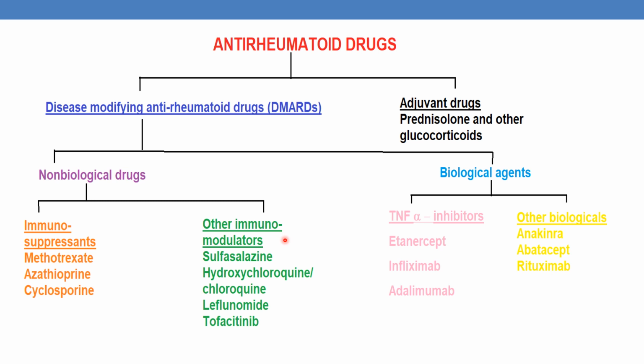Coming to biological agents, they are categorized into TNF-alpha inhibitors and other biologicals. Examples of TNF-alpha inhibitors are etanercept, infliximab and adalimumab. Other biologicals are anakinra, abatacept and rituximab.